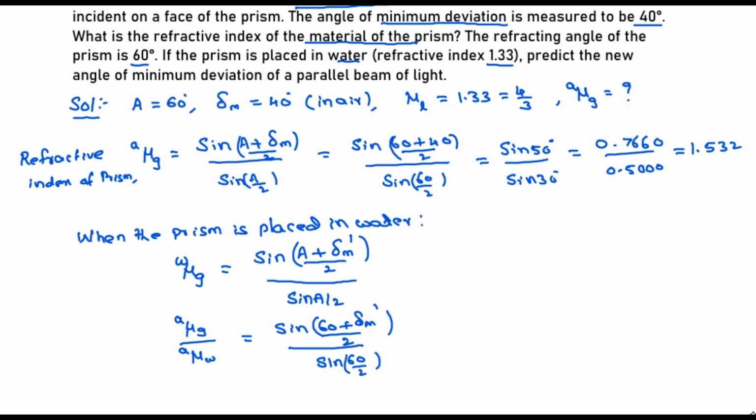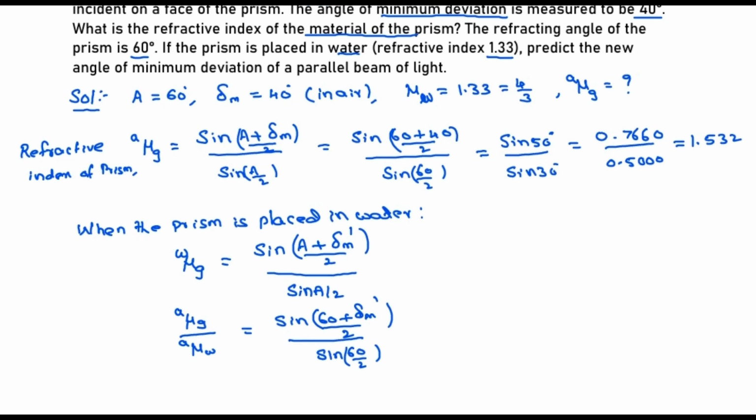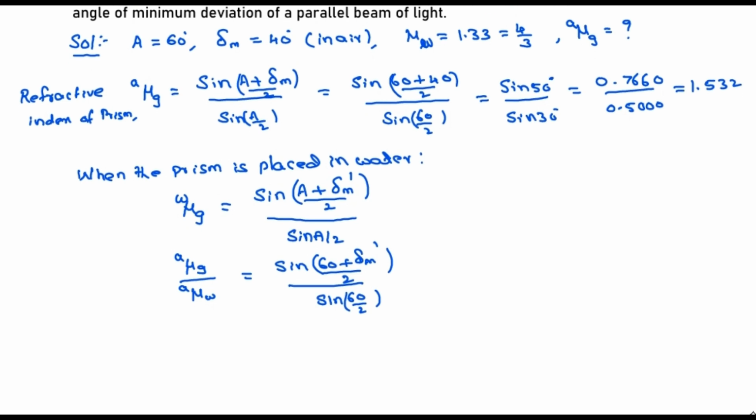We are aware of the refractive index of the glass with respect to air and of the water with respect to air. Substituting these values, 1.532 for the prism divided by 1.33 for water is equal to sine of (60 plus delta m dash) divided by 2 divided by sine 30.